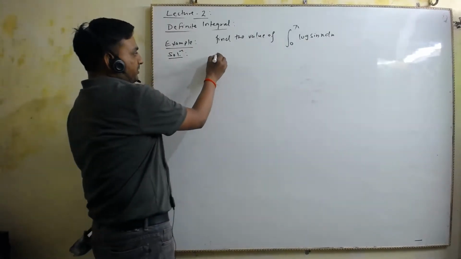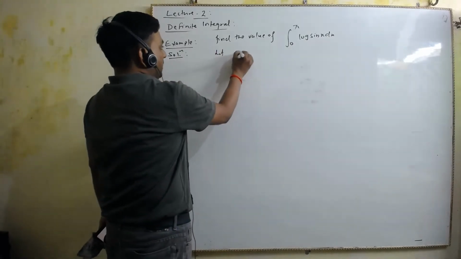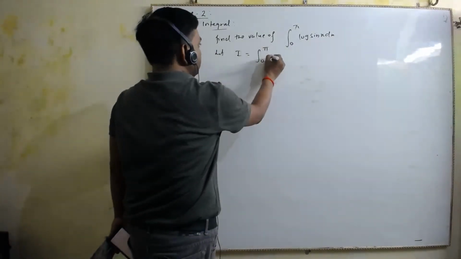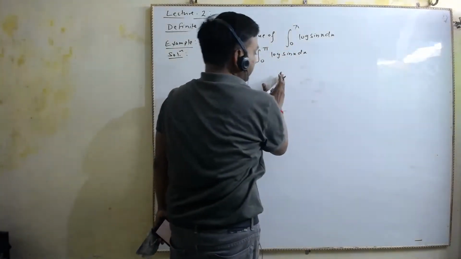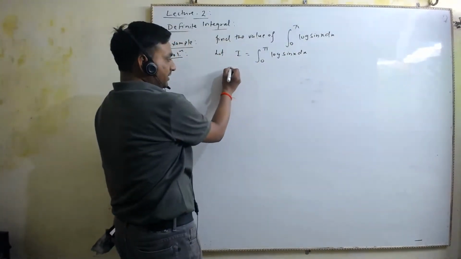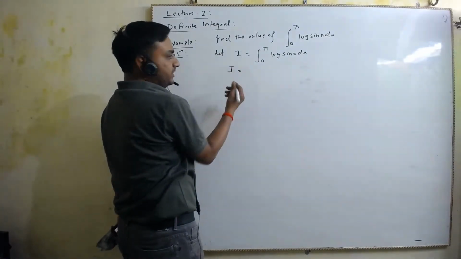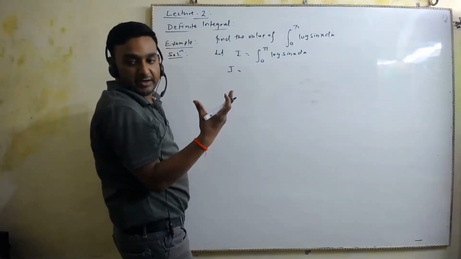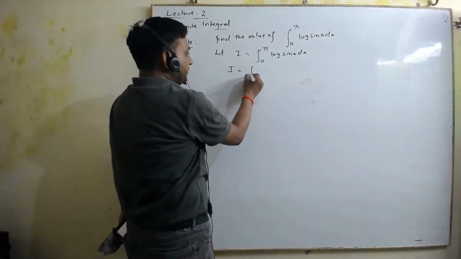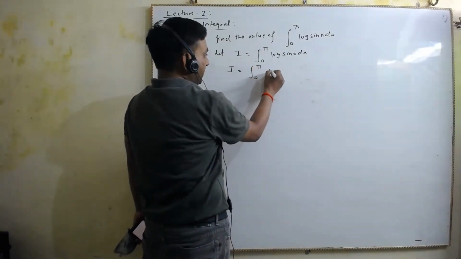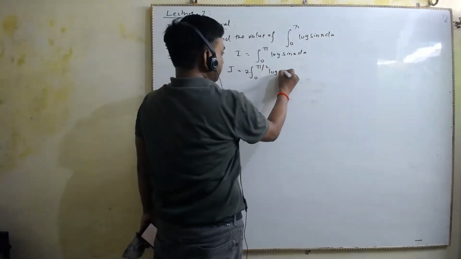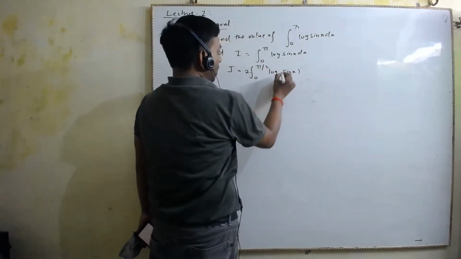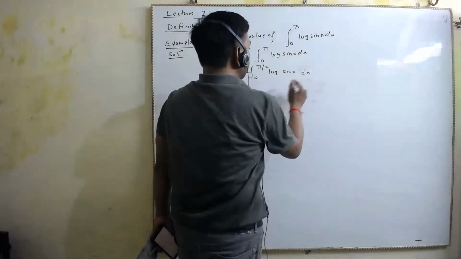So how to solve this problem? Let I equal the integral from 0 to pi of log sin x dx. So what we have studied, the basic property of definite integral: it can be written as 2 times the integral from 0 to pi by 2 of log sin x dx.